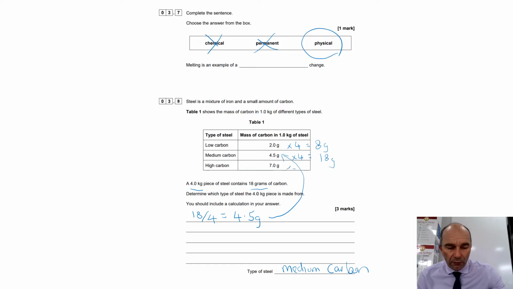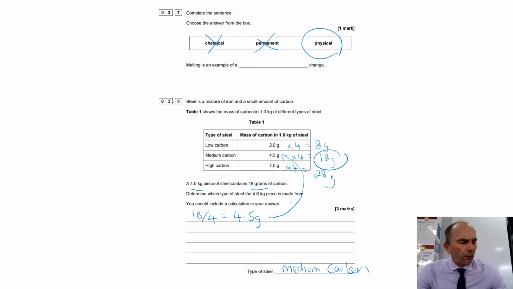And then the last one, multiply that by 4, gives us 28 grams. Well, we're being told we've got 18 grams of carbon in that steel. So again, you can use that way of checking your answer. Either calculation that you use, as long as you've got the medium carbon, you've got your 3 marks really.